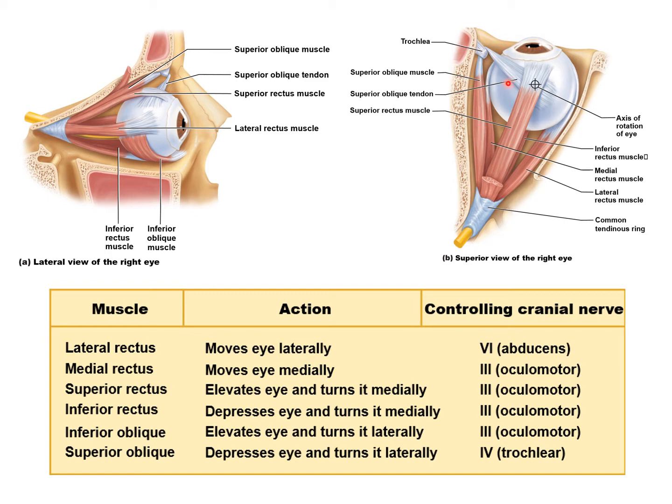So which muscle uses that little trochlea? Well, that's the superior oblique muscle. So superior oblique muscle is controlled by the trochlear nerve, cranial nerve 4, named after the little loop that this muscle uses. So yeah, lecture, lab, good to know 6 extrinsic eye muscles, their actions, and which cranial nerves control them.